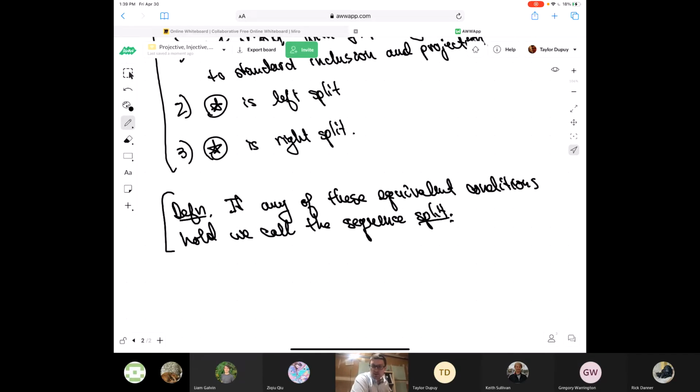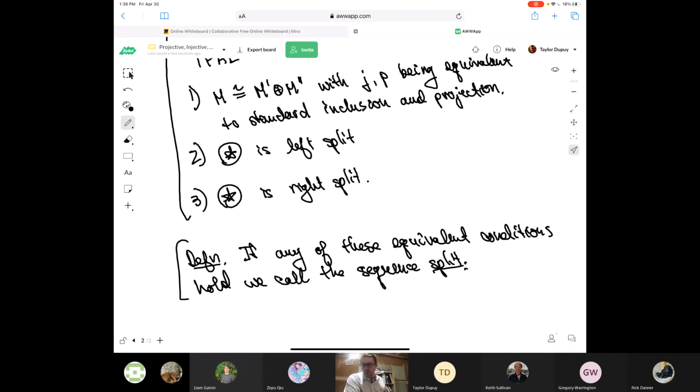So we say it's a split exact sequence. Left split and right split are a one-time thing. I'm going to tell you about this once, and then when people say split, they'll mean any one of these three equivalent conditions.